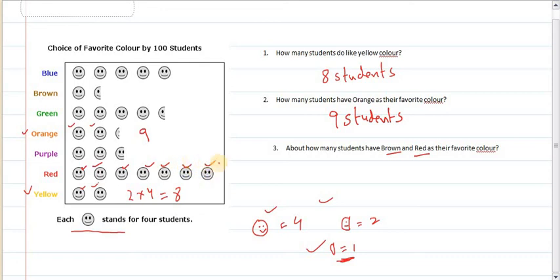So 7 times 4. 28 students have red as their favorite. And brown, here we have 1 and a half. So I can say 4 plus 2, 6. So 6 students have brown as their favorite. So if we add them, the total will be 34 altogether.